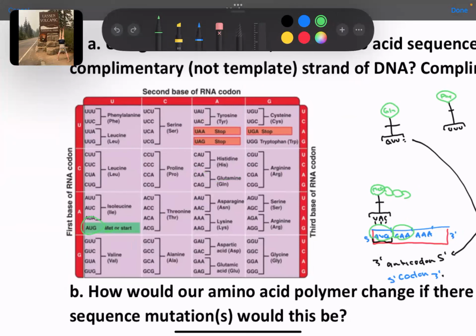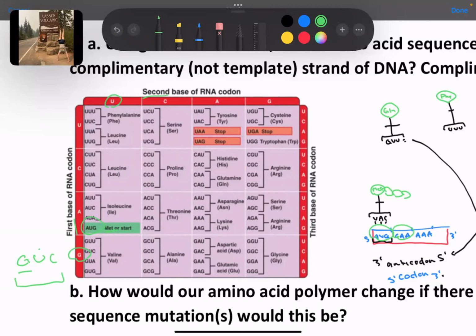Oh, and the way that you read these tables is, let's say you have the codon GUC. The first nucleotide base in this codon is a G. So we go to the left side with the first base and we see, oh, G is here. The second base is U. So we look at this top side and say, oh, U is here.